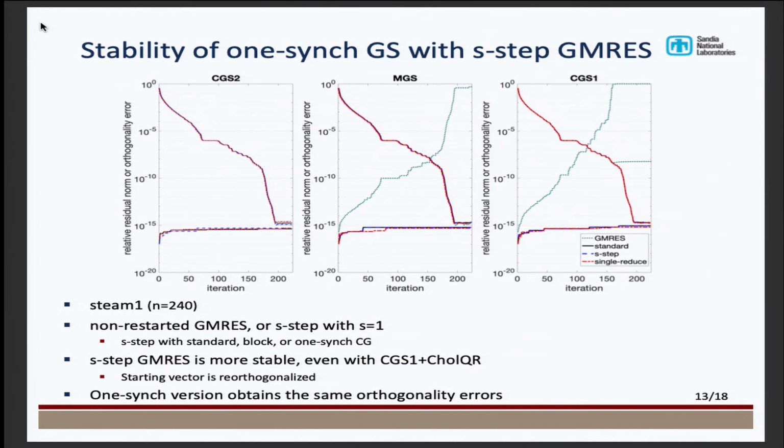And this is the standard s-step using block orthogonalizations, but it requires multiple global reduces. And the last one is this new single reduce version of the orthogonalizations. The main thing here is that all of these single reduce versions obtain the same orthogonality errors as the standard schemes.